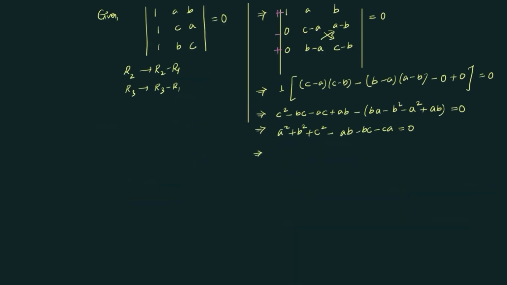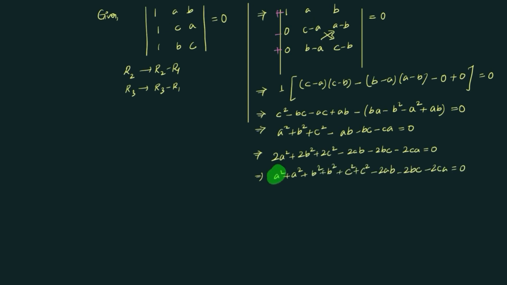Now let us multiply both sides by 2, then it will be 2a square plus 2b square plus 2c square minus 2ab minus 2bc minus 2ca equals 0. Now this 2a square can be written as a square plus a square, similarly b square plus b square, and c square plus c square. Now a square minus 2ab plus b square can be written as a minus b whole square.